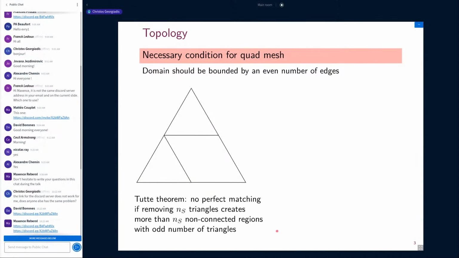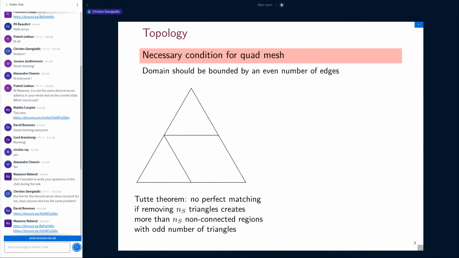There is a well-known theorem that explains these things, and in general, we can get this kind of remaining triangles or topologically bad regions inside our domain during point generation.